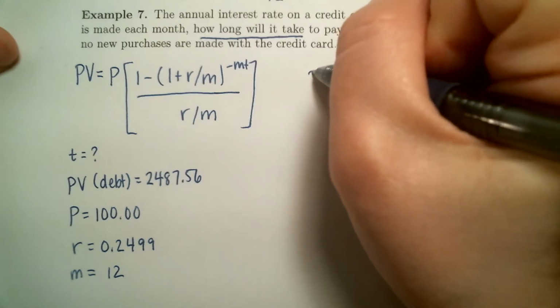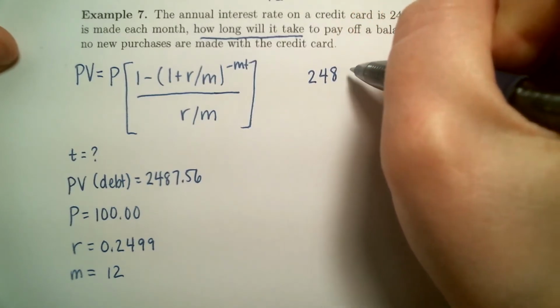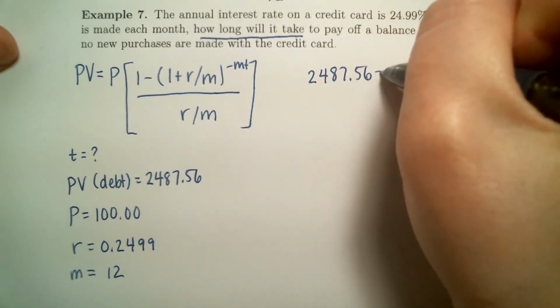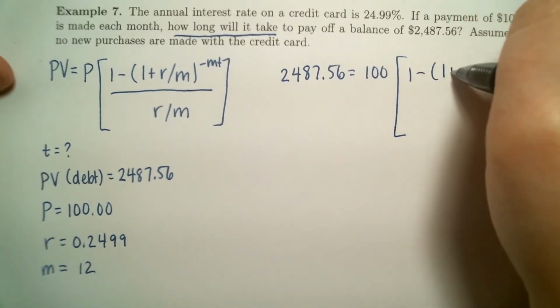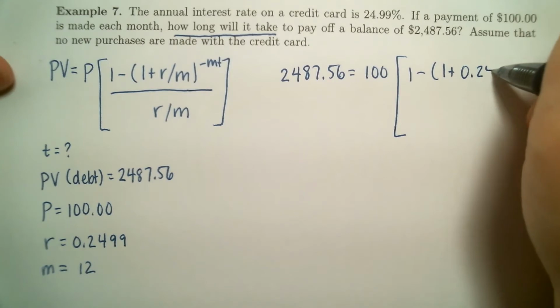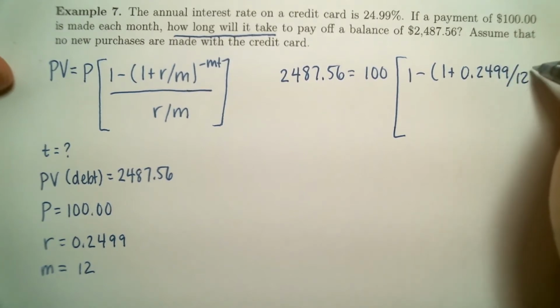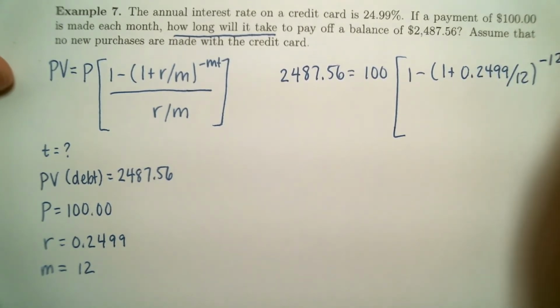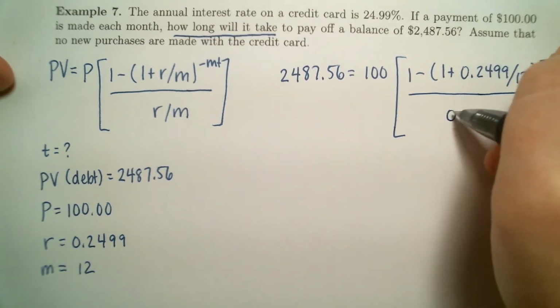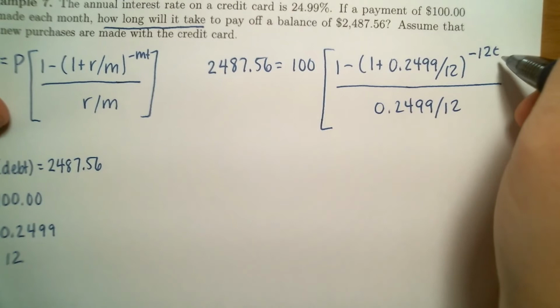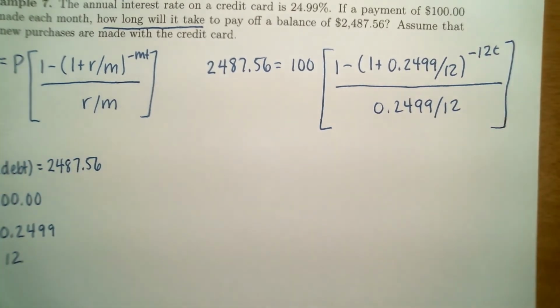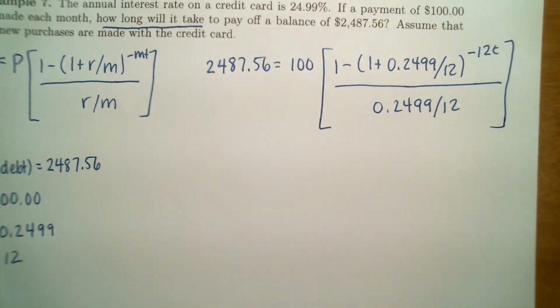Give me a minute to plug all of this in. All right, so here we go. We've got to solve this for T, and we know that can be complicated for sure.